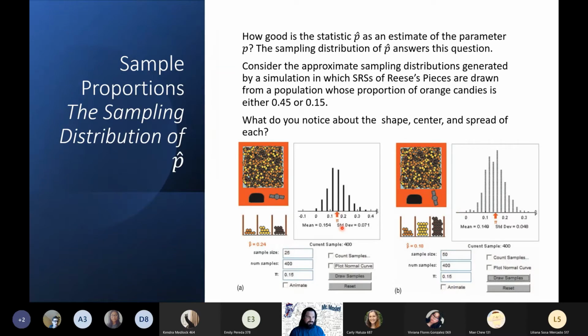Both still have centers showing that the statistic is unbiased. So that's good. All right. So these are all things that we can notice regardless, right? Based on what we've known already from section 7.1, these are things that should happen, right? Larger sample size, less variation. And our statistics are unbiased. That means we're using a proper SRS.